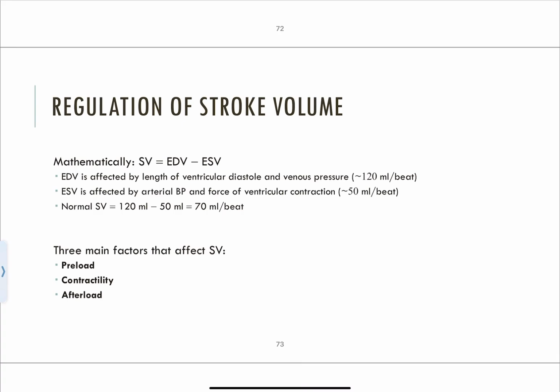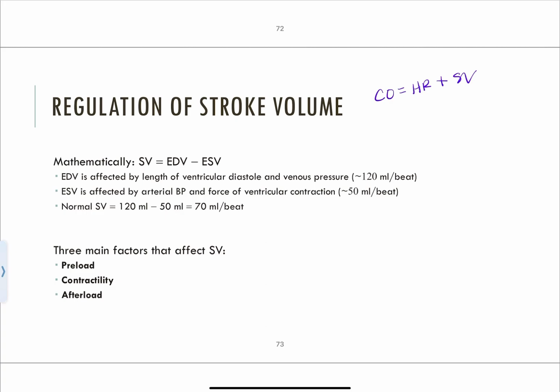Okay, mathematically, we said cardiac output is equal to heart rate times stroke volume. Stroke volume is equal to our end diastolic volume minus our end systolic volume. If you remember from the previous section, our end diastolic volume was the max amount of blood that we had in our ventricle.